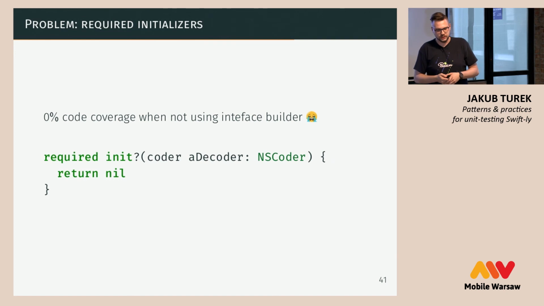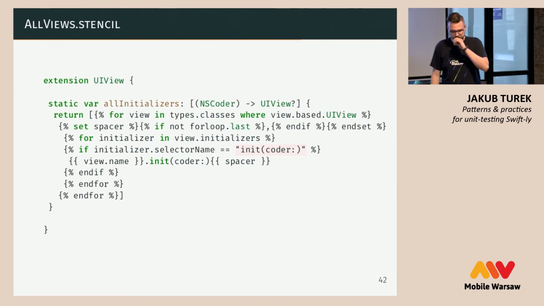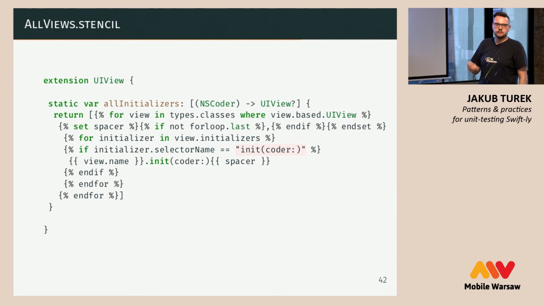And to fix that, you would have to test each initializer one by one, which is pretty bad. But you can also use Sorcery to do that. You don't have to go through that template carefully. What it does is it actually creates an array of initializers that take a coder and return a view. And inside the template, we are iterating through all the views in here.